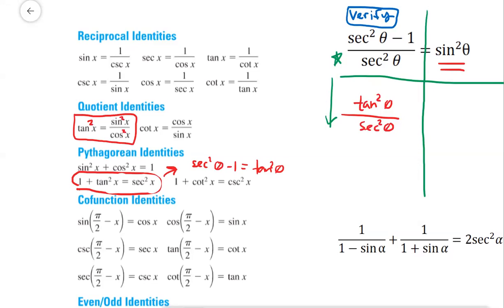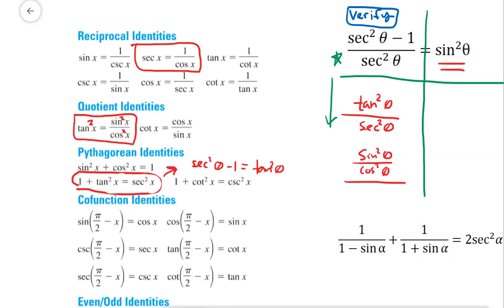So squaring both sides produces a new identity. That numerator is going to become sine squared of theta over cosine squared of theta. This is all over secant, which is 1 over cosine.